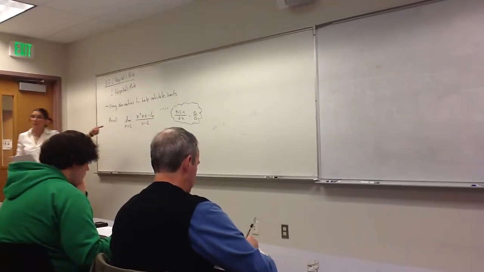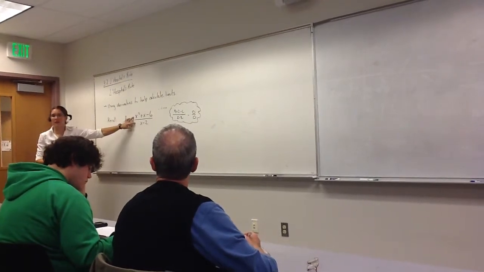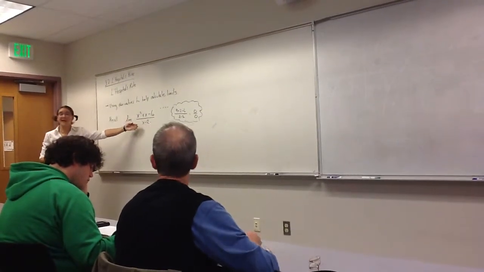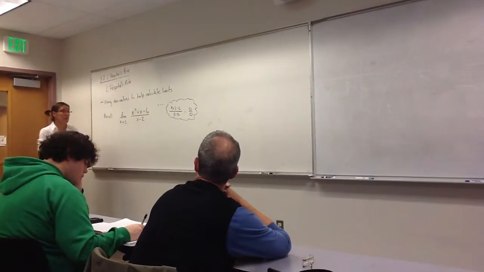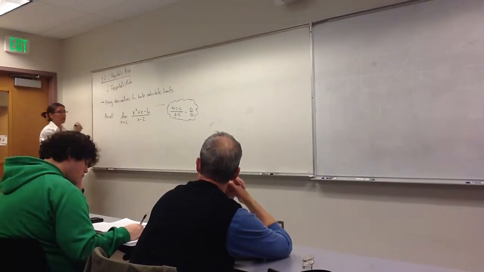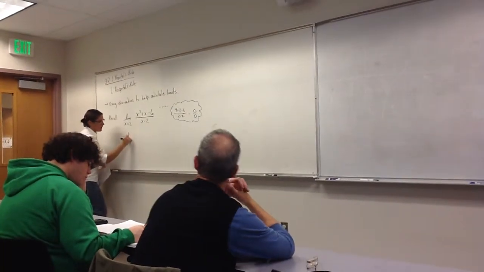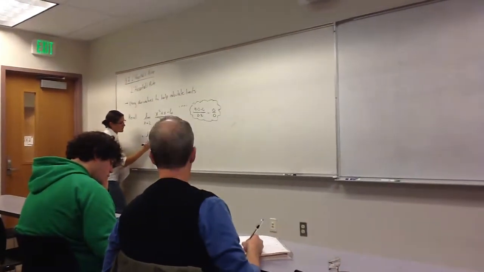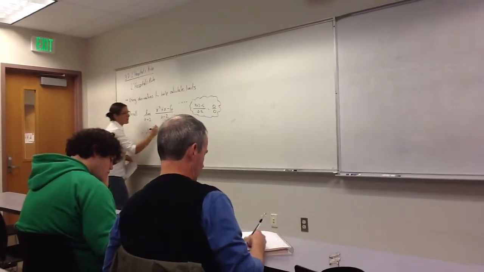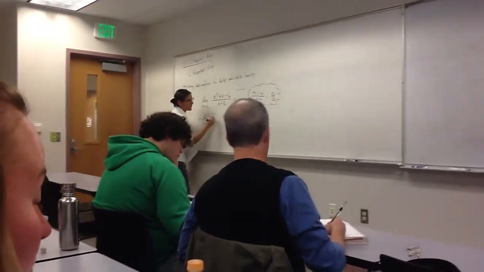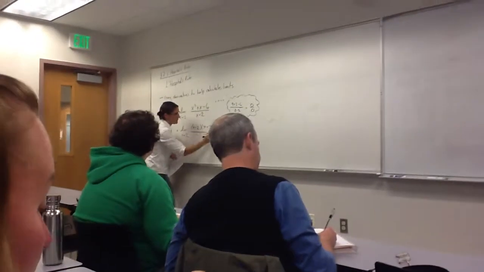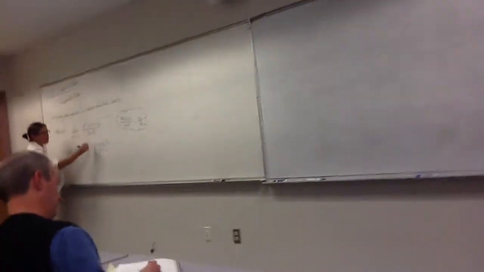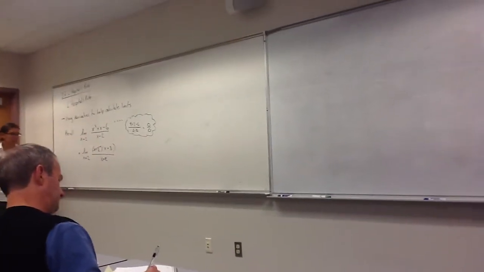What that tells me is that I should keep working with this until I can factor out an x minus 2 on the top and cancel it with my x minus 2 in the bottom. So 0 over 0 told me to keep doing some algebra and see if we can factor. On the top, we factor and get x minus 2 times x plus 3, and then we have x minus 2 in the denominator. The x minus 2's cancel.